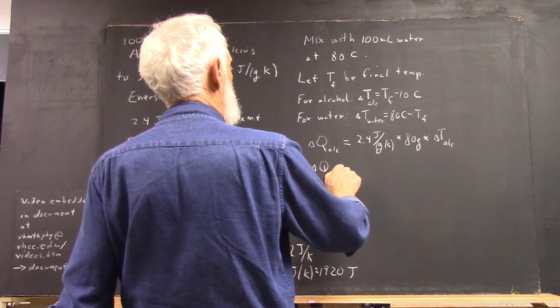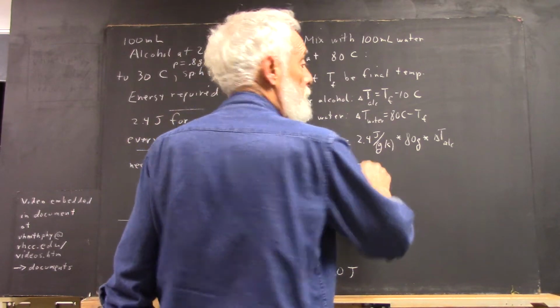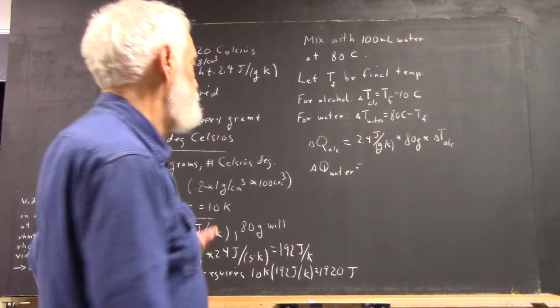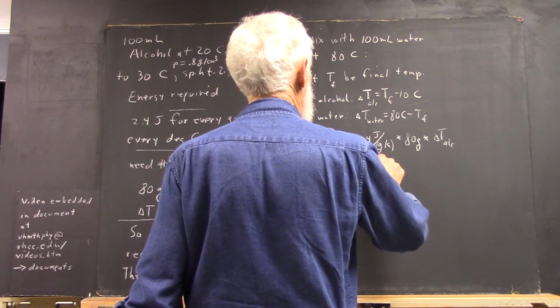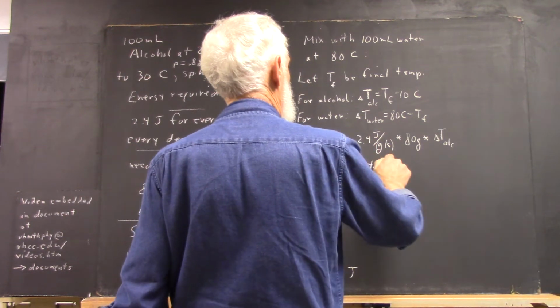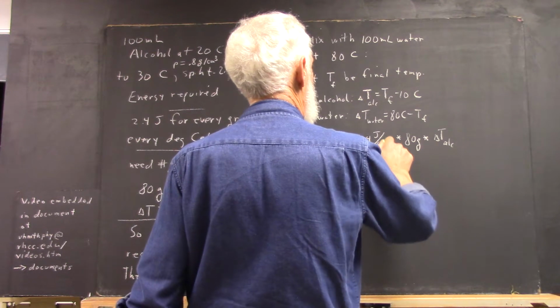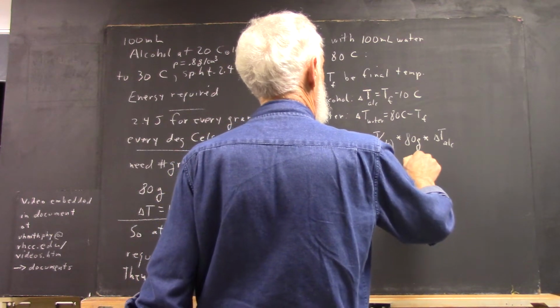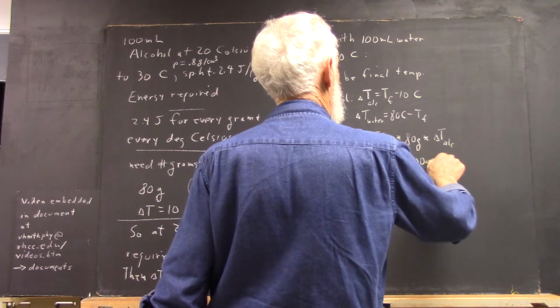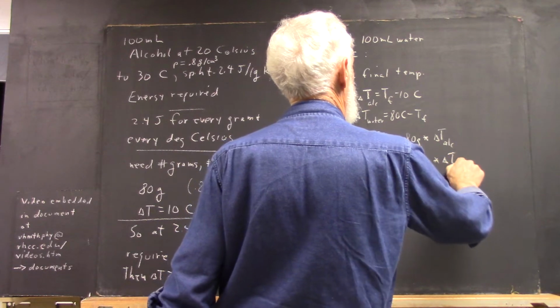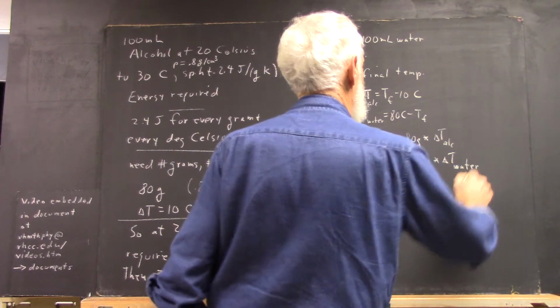And delta Q for the water is going to be 4.2 joules, and these are approximate, per gram Kelvin, times 100 grams, times delta T of the water.